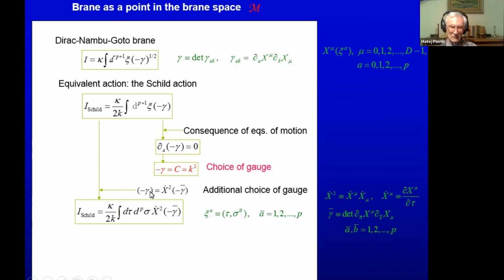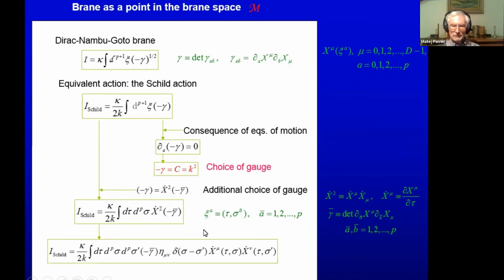So this choice of gauge turns into this action. And this form of the action is the Schild action, yes. Now we can rewrite this action so as to insert a delta function.